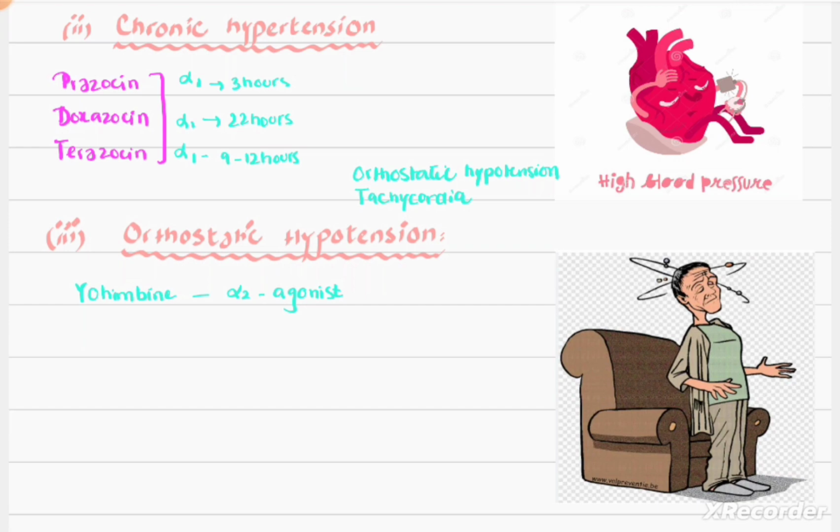It means that when the patient is sitting or lying, their pressures are fine, but when they get up or stand, their pressure drops down. So yohimbine was previously used to treat orthostatic hypotension, but now it is not very commonly used because of an adverse effect profile.